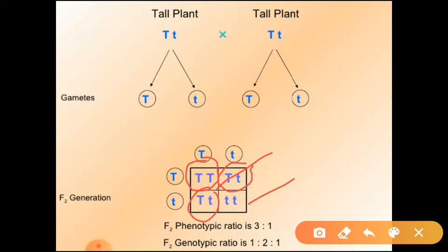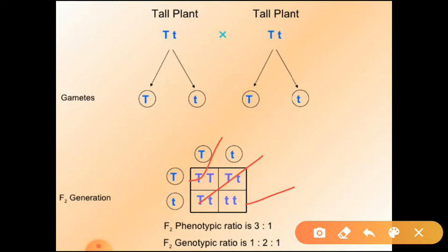Like this we get 3 different sets of genes. What are they? One is pure tall, 2 are impure tall and 1 is pure short. So from this we can conclude the genotypic ratio.